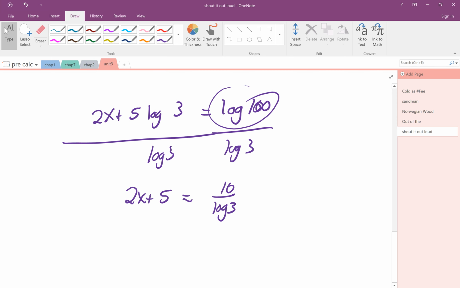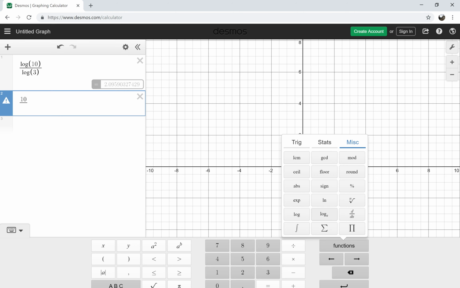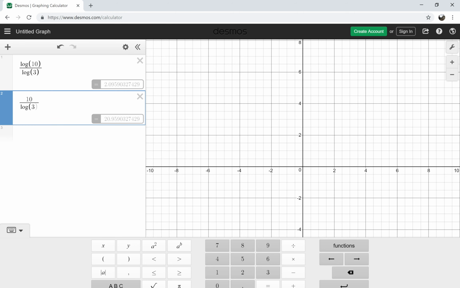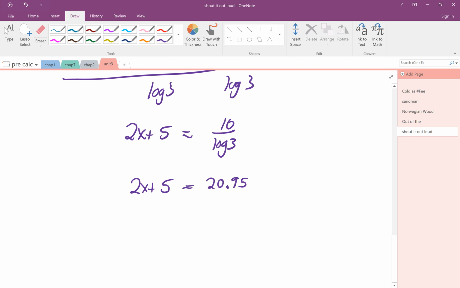And then I'll use my decimals again. 20.95. All right, and then just finish it.